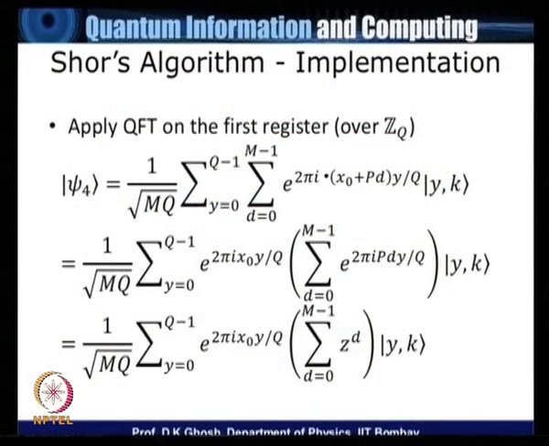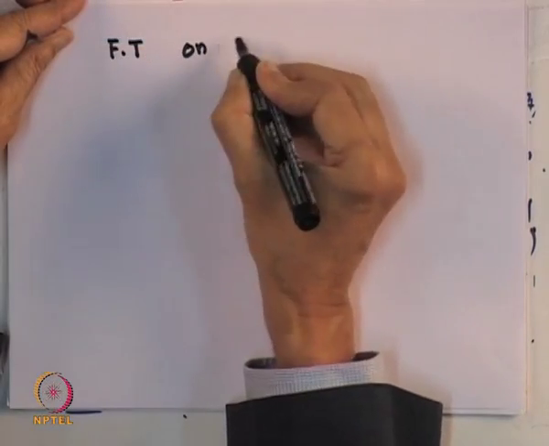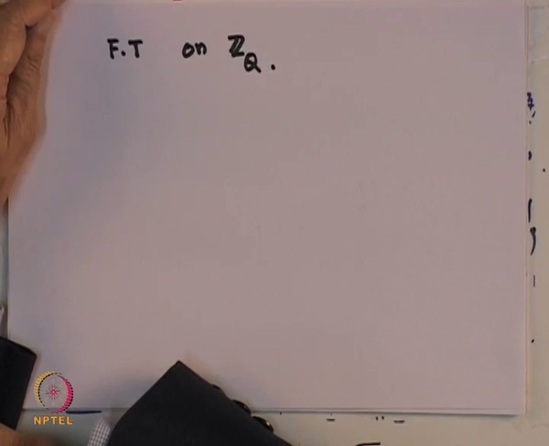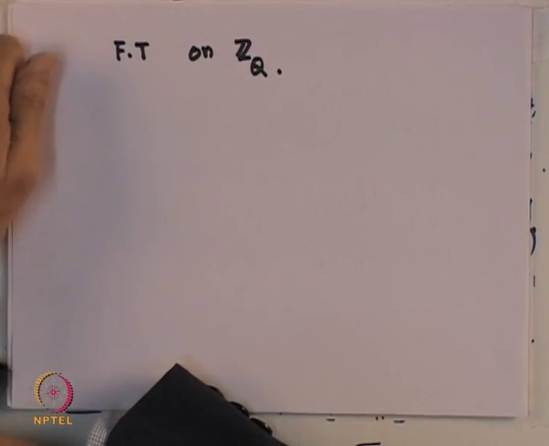At this stage, we would apply a Fourier transform on the first register. So let's look at what the Fourier transform gives. Remember, when you apply the Fourier transform on the first register, you have to have q number of terms.